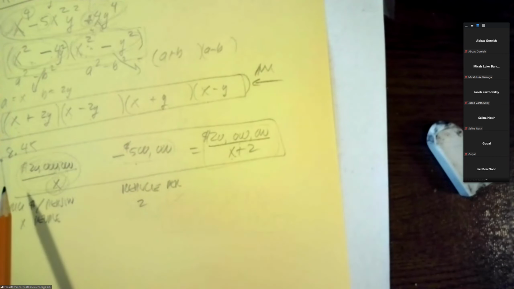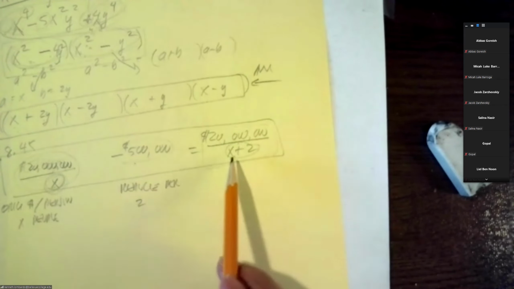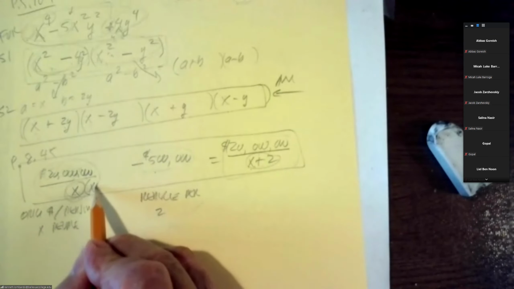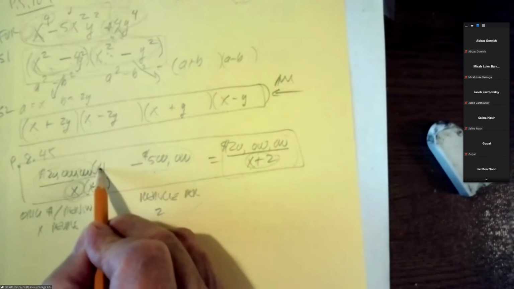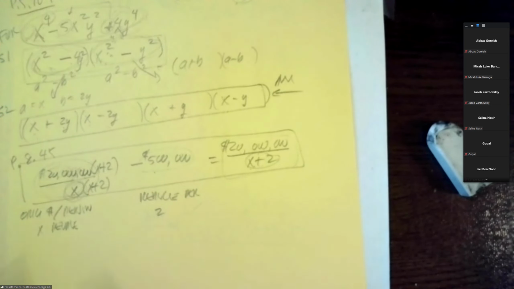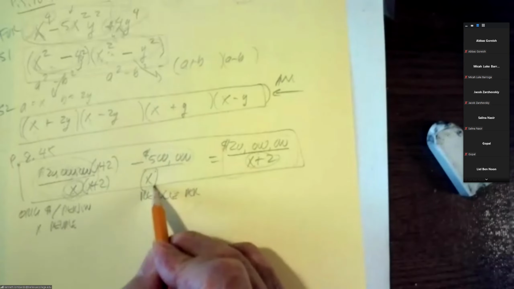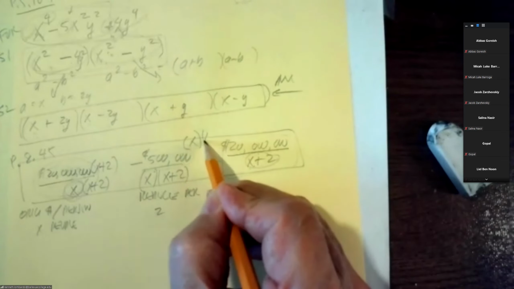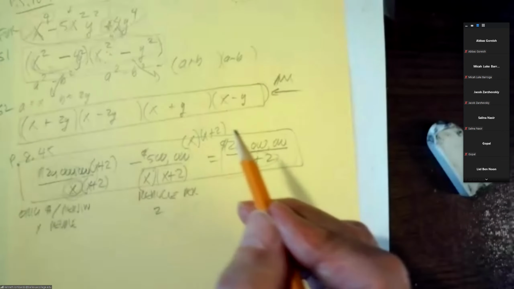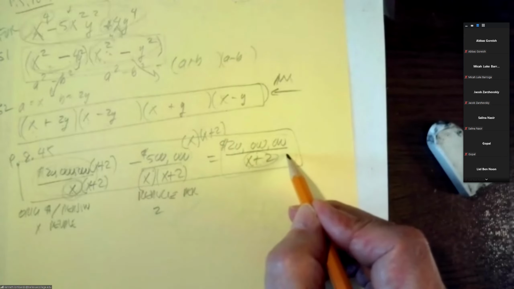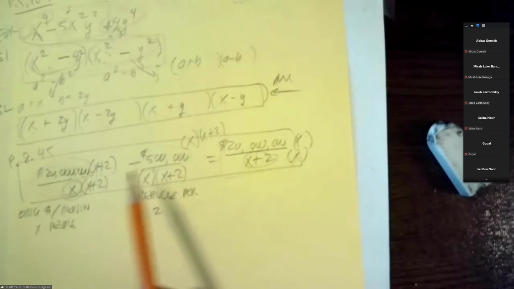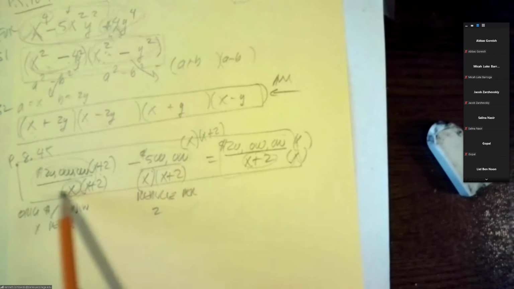And in order to do that, we need to have a common base, don't we? So we have an x here and an x plus 2. So we need an x plus 2 here and an x plus 2 here. And over here, we need an x plus 2. And in the numerator, we're going to multiply by x and x plus 2. And over here, we're going to multiply by just x. Okay, so now we've got the common denominator.